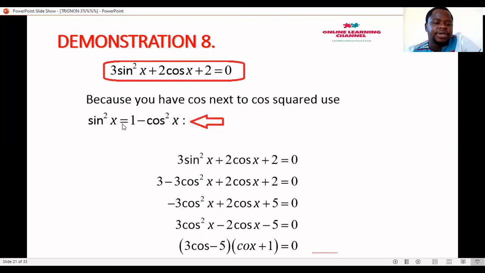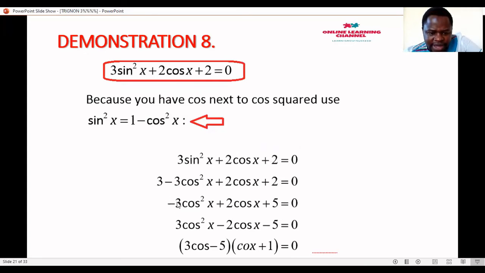You can say sine squared x equals 1 minus cos squared x from the square identity. So you have 3 into 1 minus cos squared x, which will give you 3 minus 3 cos squared x plus 2 cos x plus 2 is equal to 0.